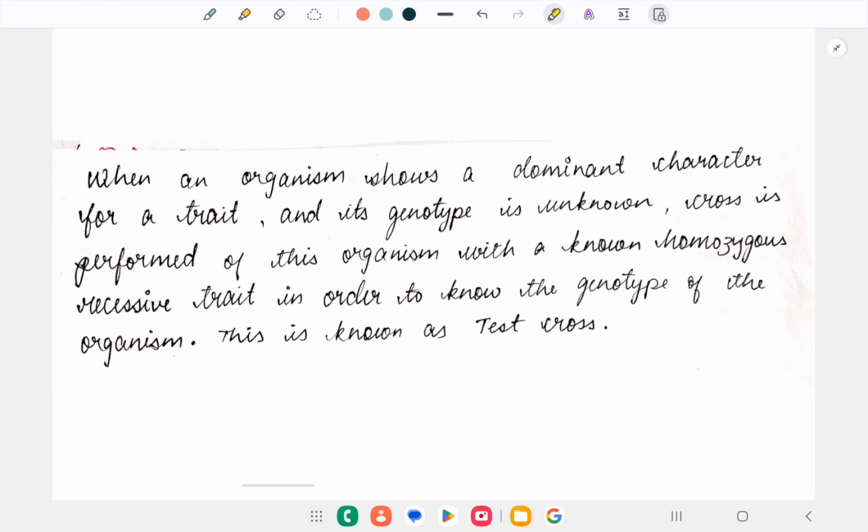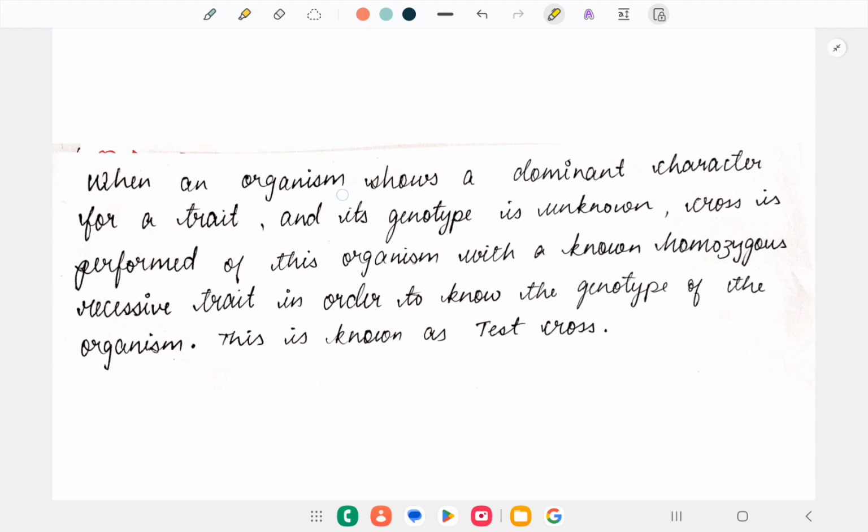So we can say that when an organism shows a dominant character for a trait and its genotype is unknown, a cross is performed of this organism with a known homozygous recessive. This is a very important statement, that it is done with a recessive parent in order to know the genotype of the organism. So this is known as the test cross.